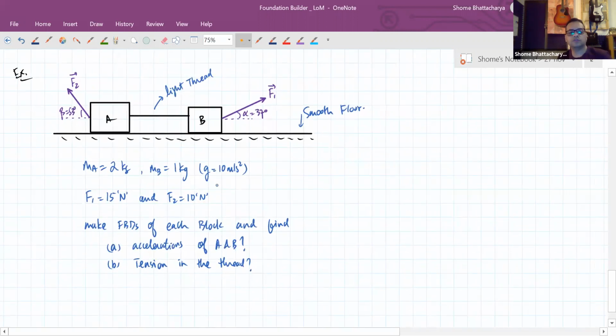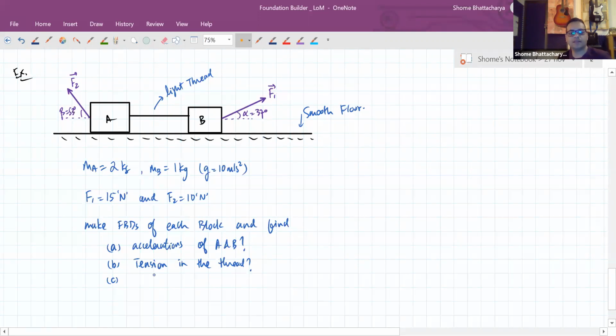You have a combination of two blocks and you are pulling from either end using forces F1 and F2, which are at angles alpha and beta like this. Alpha is 37, beta is 53 degrees. So one of the forces will dominate in the horizontal direction, and as a result the system will accelerate. Because they are connected by a thread, A and B will accelerate together.